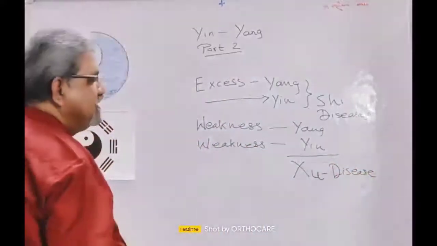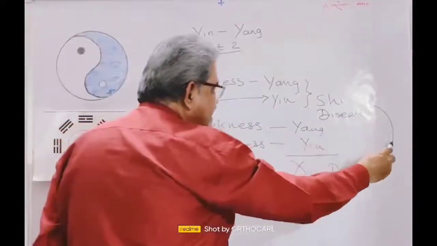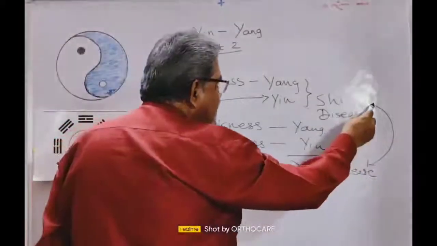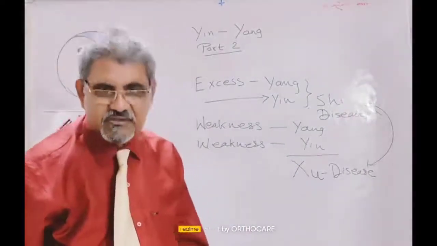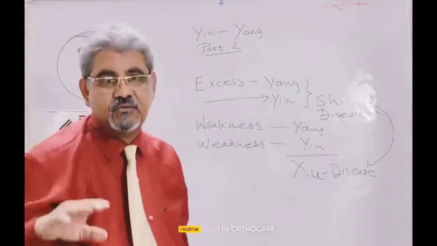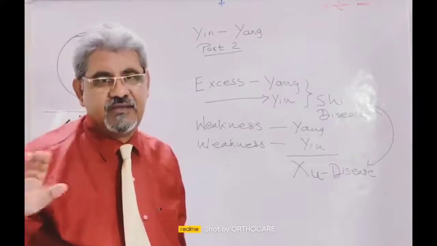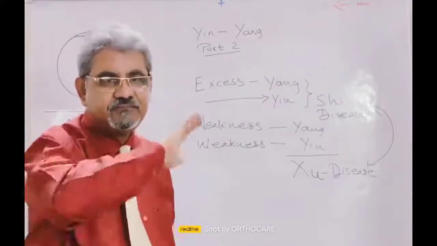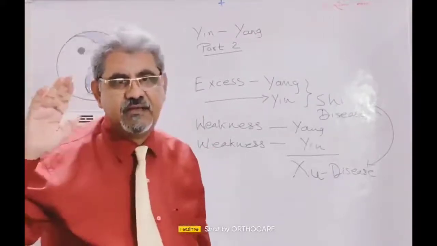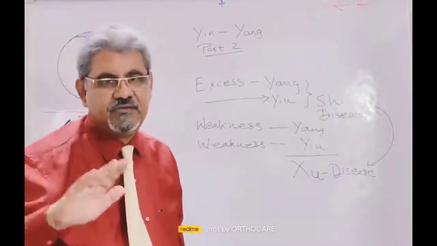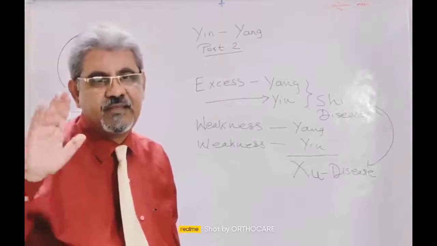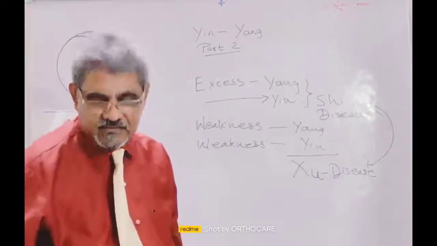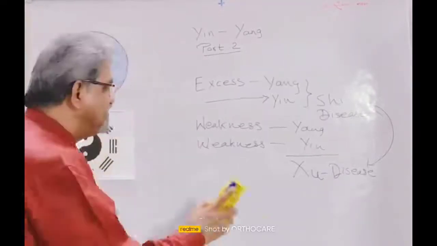So these are made into two ways of shi diseases and Zang-Fu diseases. This was the basic reason to write first the excess of yang, excess of yin, then deficiency of yang and deficiency of yin. So the deficiency of yang and yin is known as Zang-Fu diseases, and the excess of yang and yin is known as shi diseases.